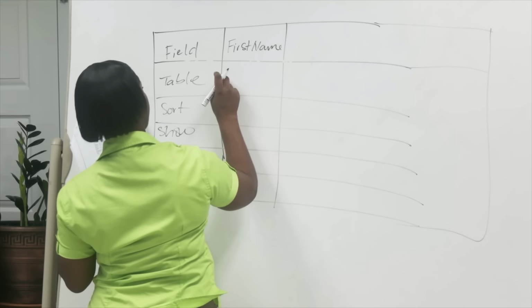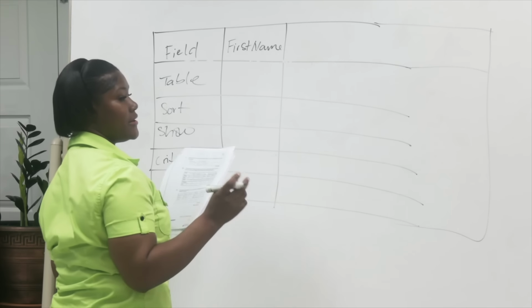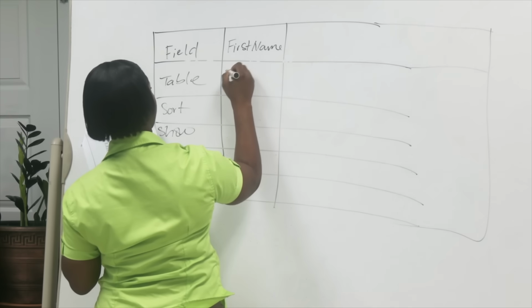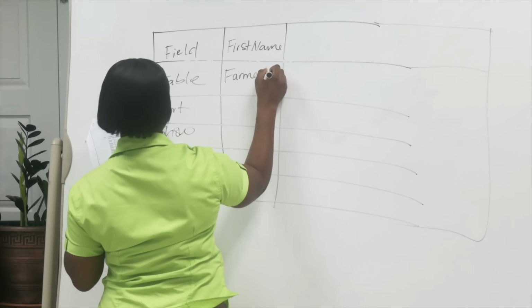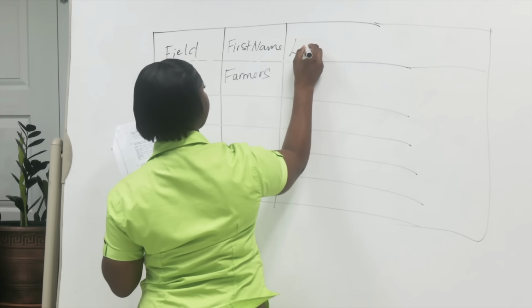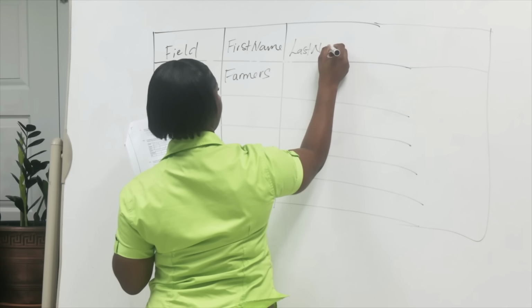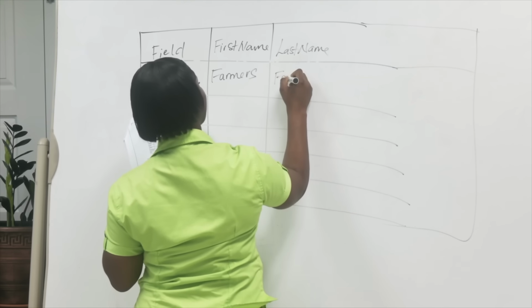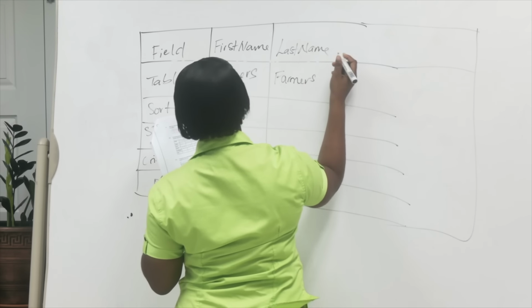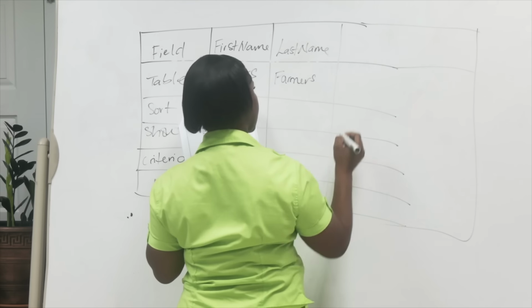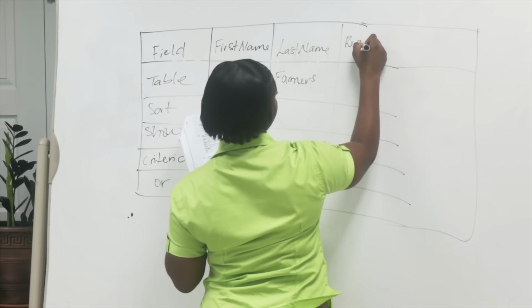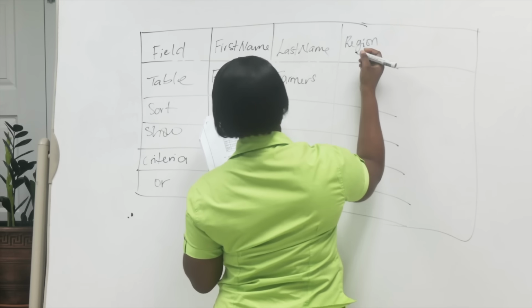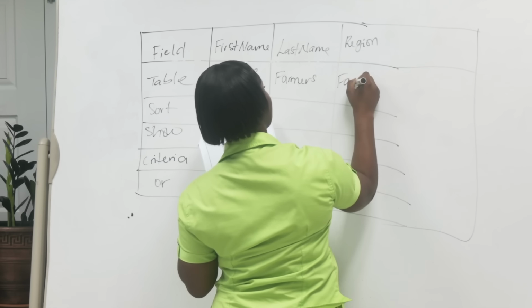and for table, you're going to state which table the field is coming from. In this case, it's coming from the farmer's table. We have last name, and it's also coming from the farmer's table. We have region, and region comes from the farmer's table as well.